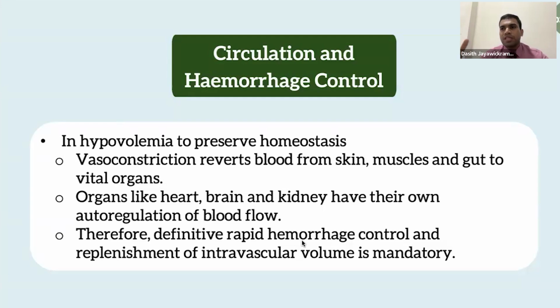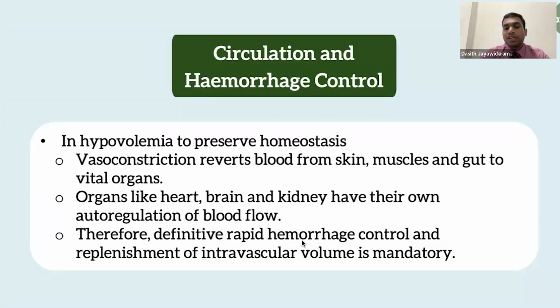For example, somebody is shouting outside and I can't conduct the lecture. I want to conduct the lecture, so I will go to another room and try to conduct it. That is homeostasis. I try to maintain my normal routine. That is what the body will try to do when there's hypovolemia.